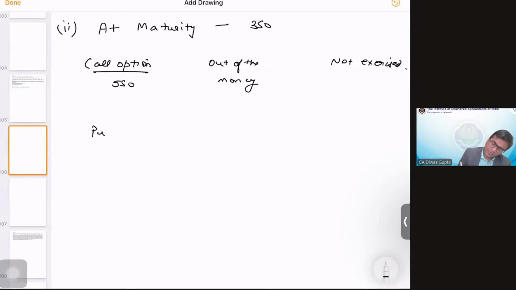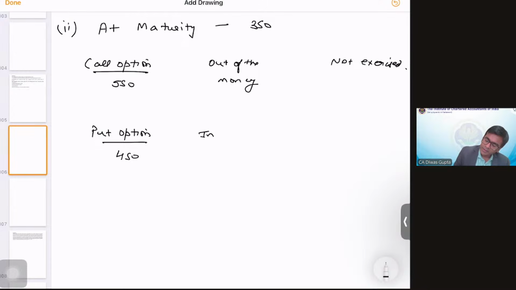Then the put option. The put option is at a 450 strike price. Now students, the put option strike price is higher, the spot price is lower. Is it in the money or out of the money? The actual price has become lower than the strike price. Sorry, it will be in the money, right?